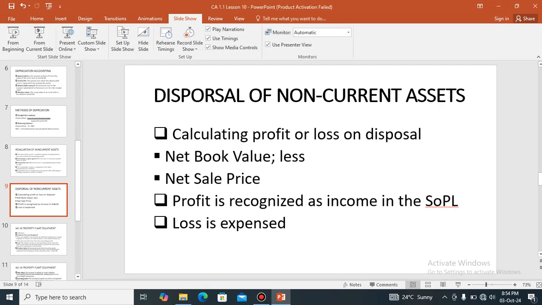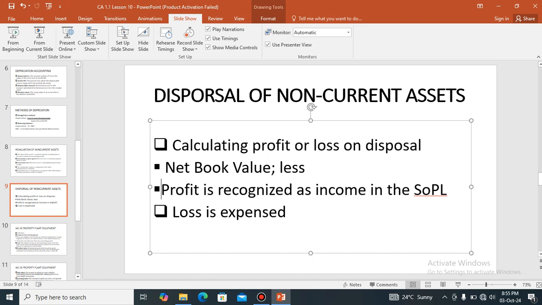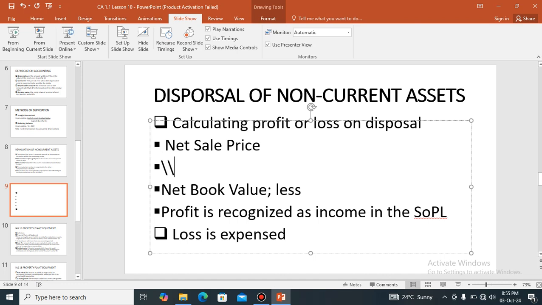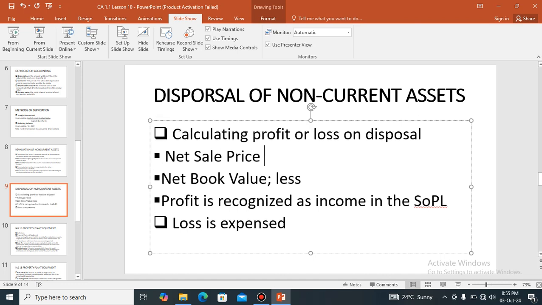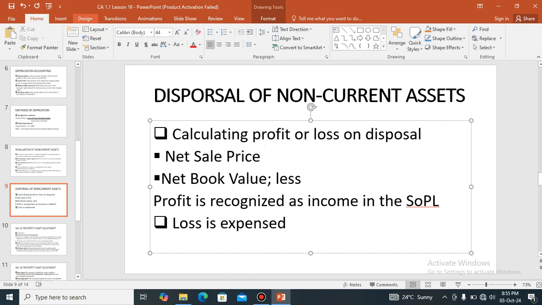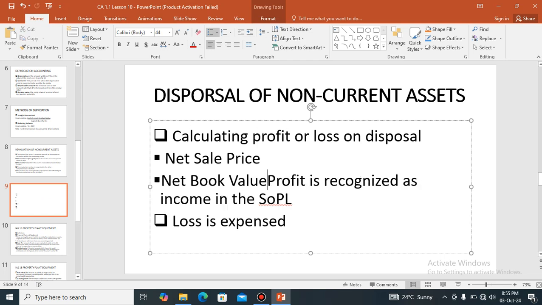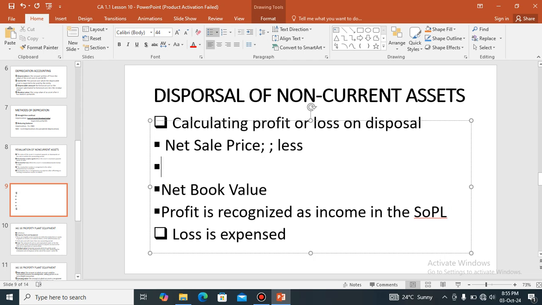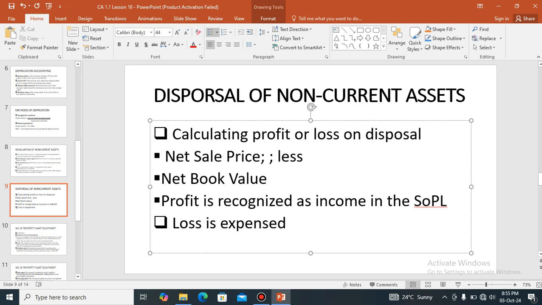The better way is you say net sale price less net book value.